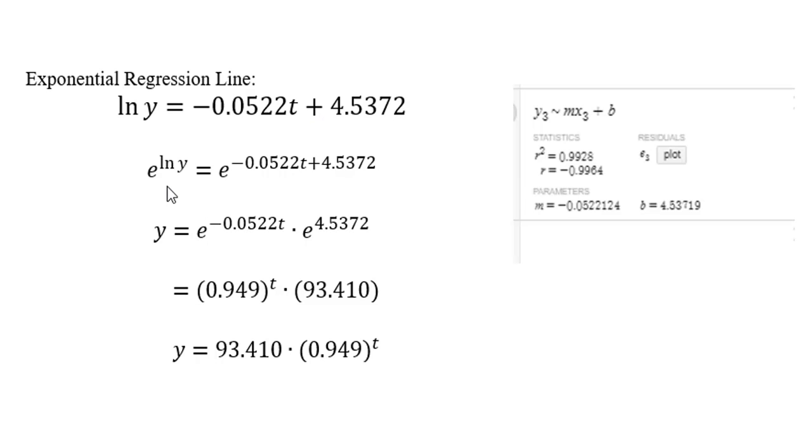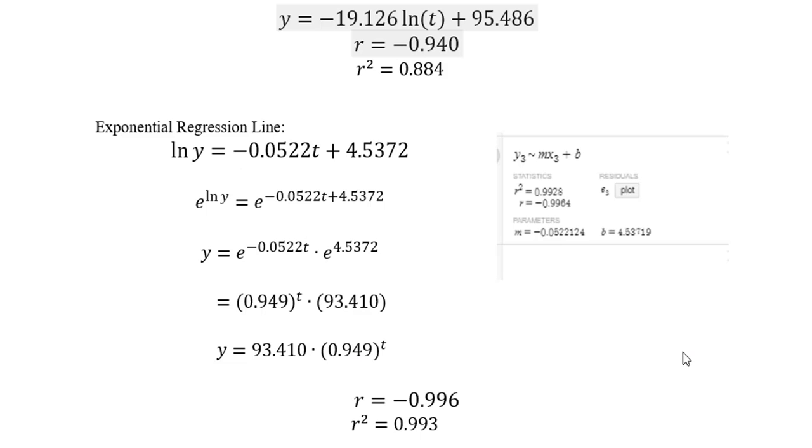Then on both sides we take e to the power. Then you simplify, change into this form. 0.949 is given by e to the negative 0.0522. 93.410 is given by these expressions, so that you will get this exponential regression equation.